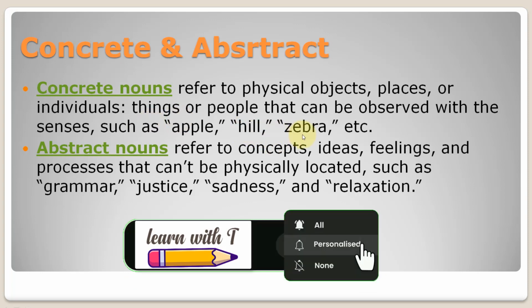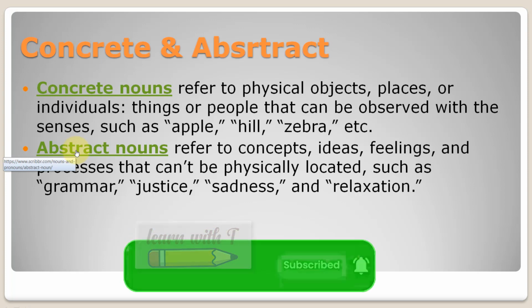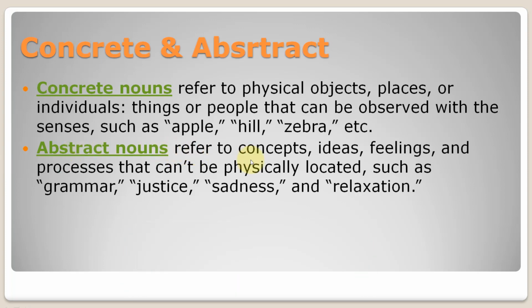Then hill, zebra, etc. Abstract nouns are the nouns which refer to concepts, ideas, feelings, and processes that cannot be physically located. For example, grammar, justice, sadness, relaxation, intelligence, thinking process, peace, etc.